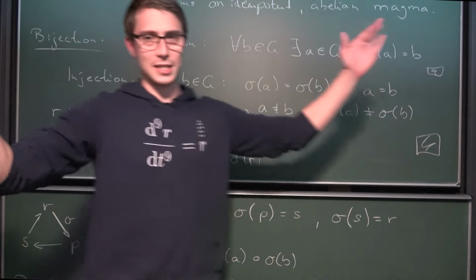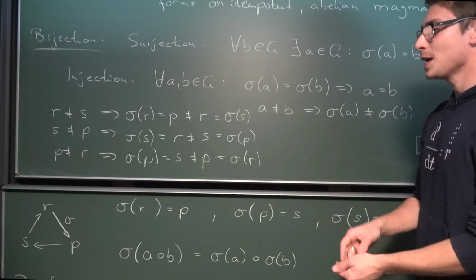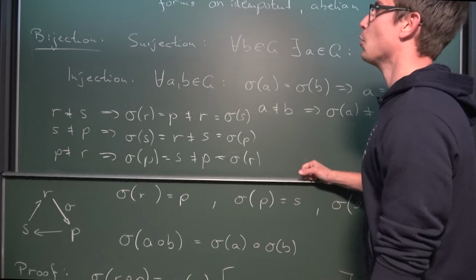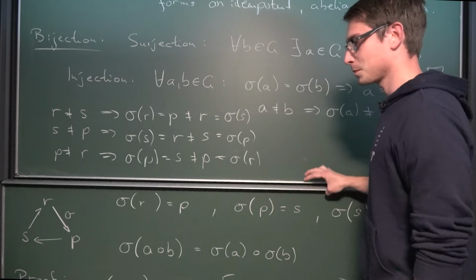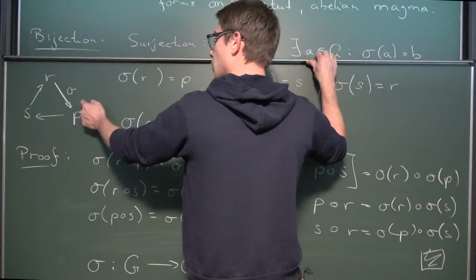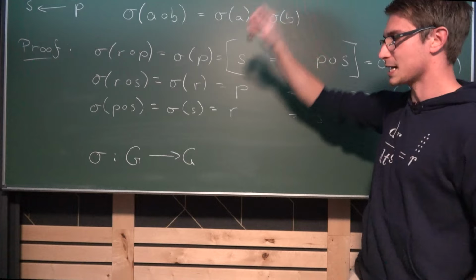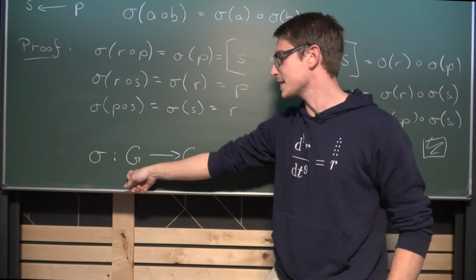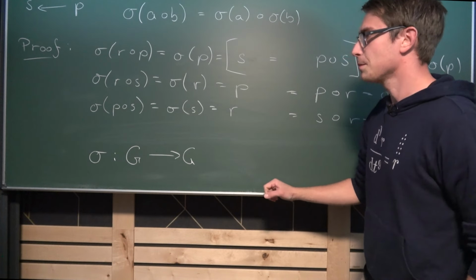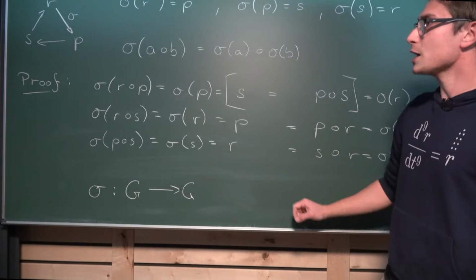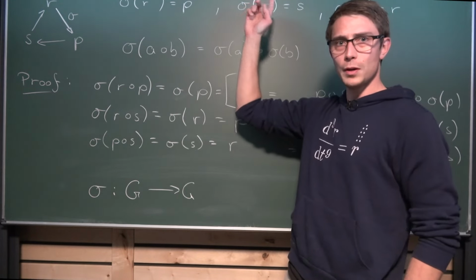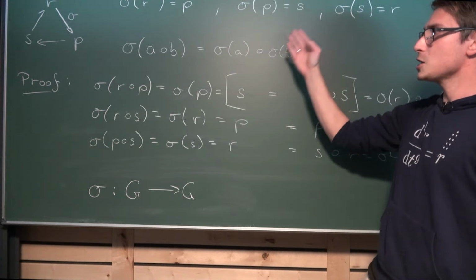So just a tiny little recap. What have we done? We have turned our game of rock, paper and scissors into a directed graph where our arrows are represented by a mapping which just takes an element of G, our original set, to an element of G. We have shown that our structure, so whom again wins against whom, is preserved.